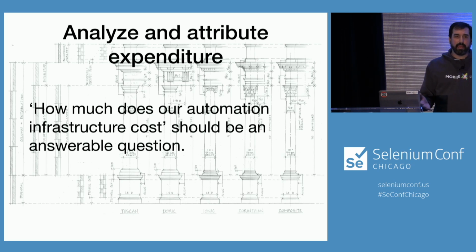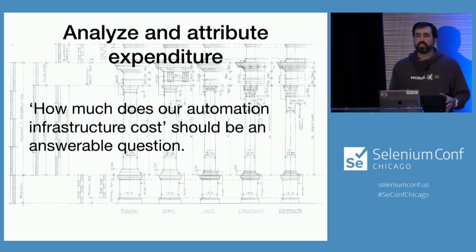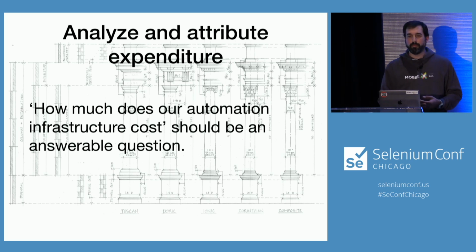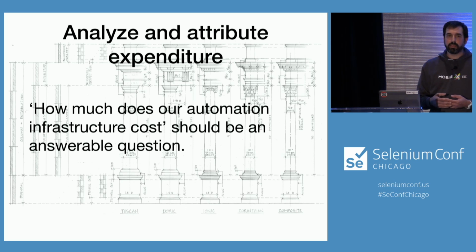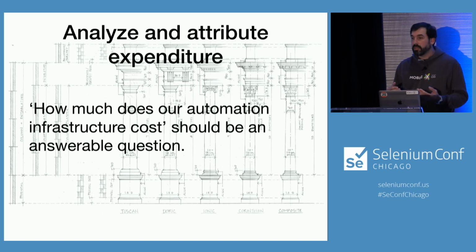Again, this comes back to tag all your stuff. How much does our automation cost should be the easiest question in the world to answer. It's like, well, let me go to my bill, filter out all my infrastructure expenditure, and do a sum. That used to not be the easiest question to answer.